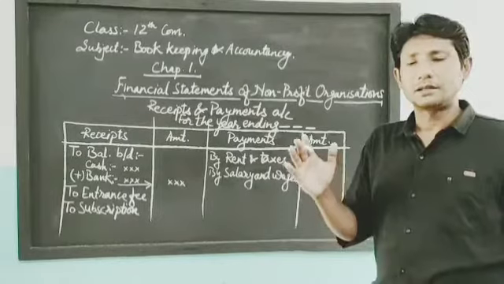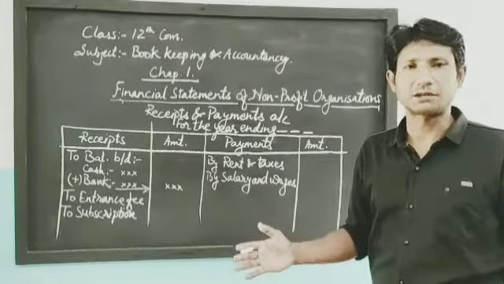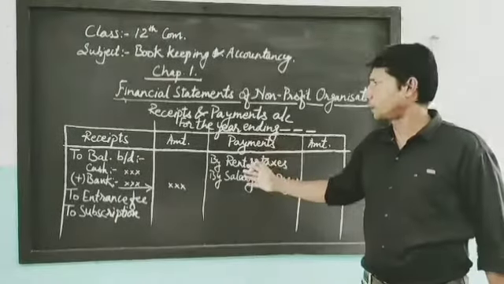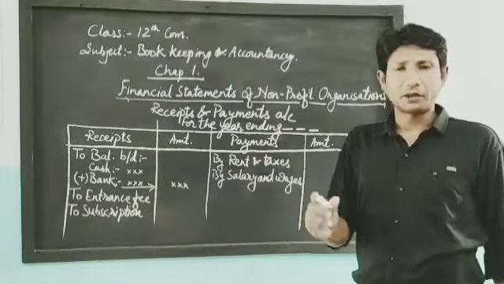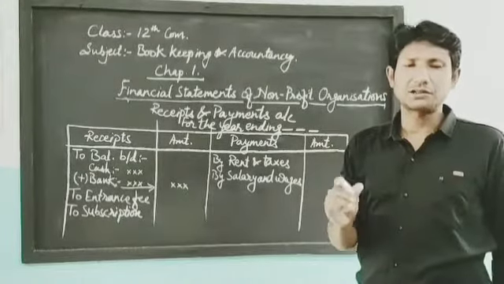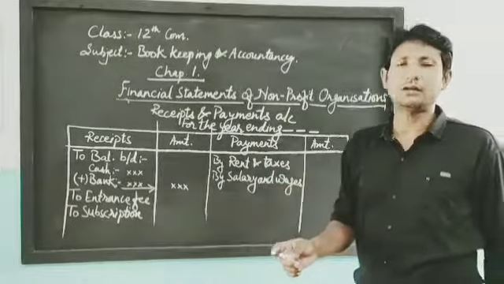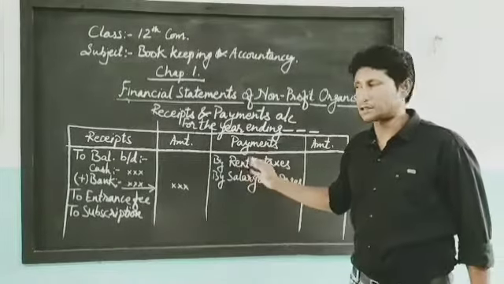Whether the transaction is of capital nature or of revenue nature, both the transactions are recorded in receipts and payment account. The important thing is that the transaction is related to cash. Whether it is capital or of revenue nature, it is recorded in this account.